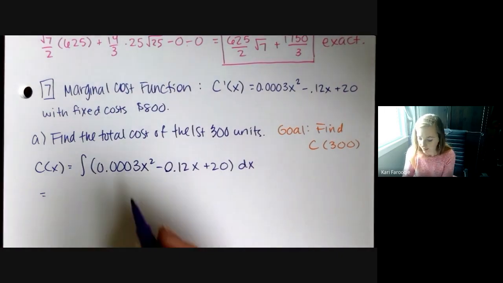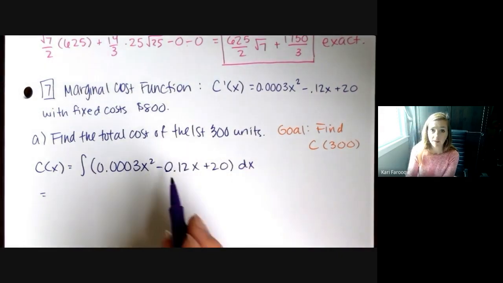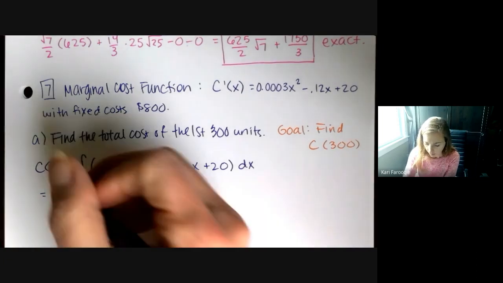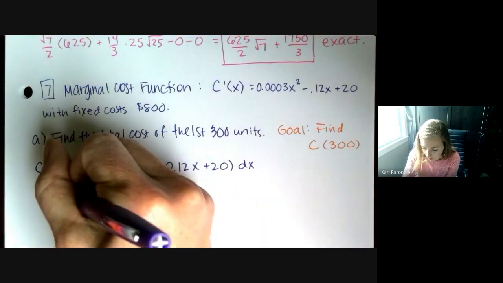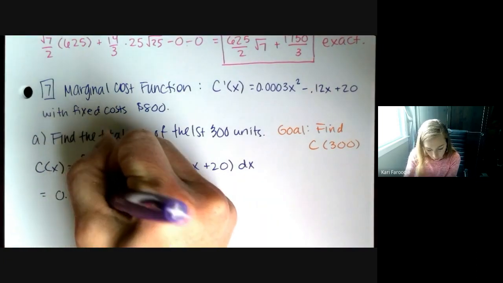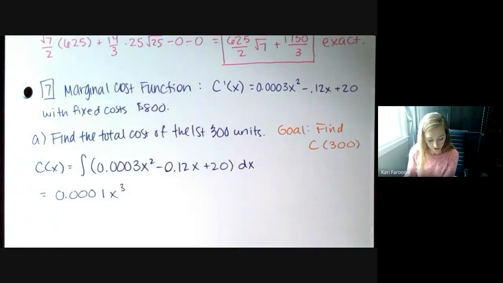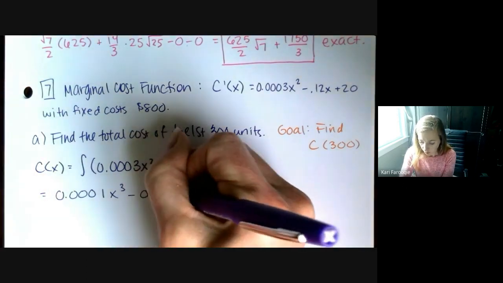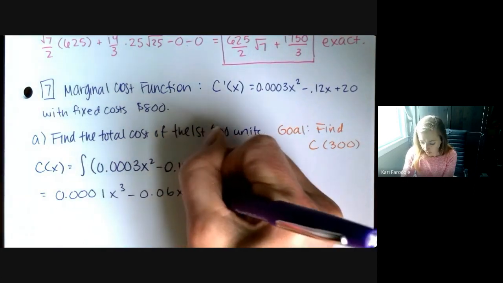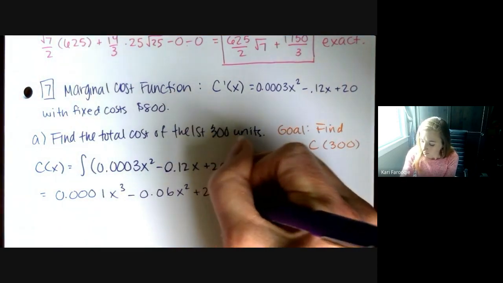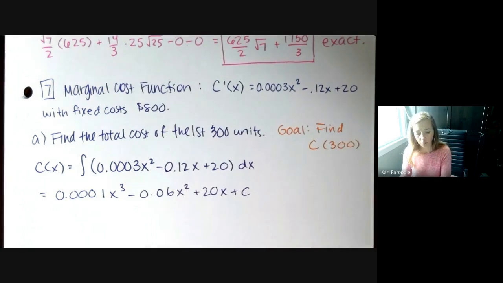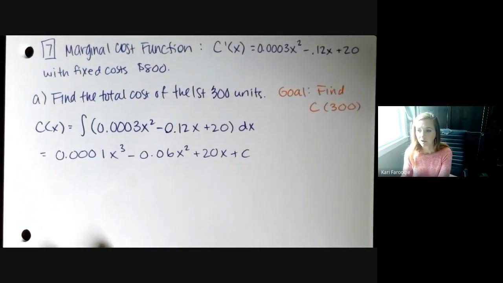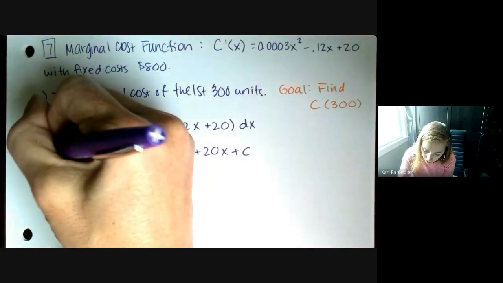When I increase the exponent by 1 and then divide by the new exponent, I'm going to end up with 0.0001 x cubed. And then in this next term, I'm going to have 0.06 x squared plus 20x. Okay, so this is my C of X.